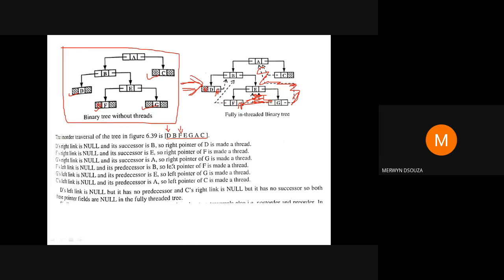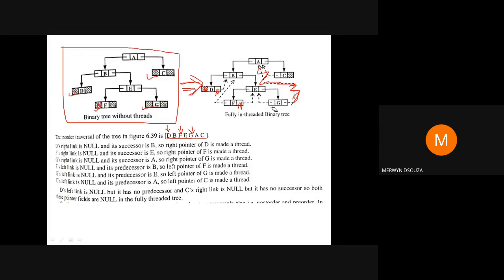Okay. Similarly, you go to the next one. G is having a left null pointer. So check the in-order predecessor of G. In-order predecessor of G is E. So you are going to draw a dotted arrow from the left portion of G to the node E, like it is shown here.